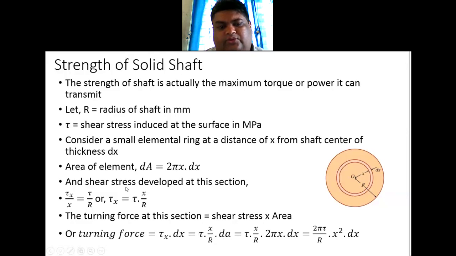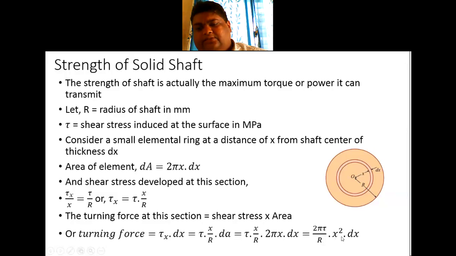So I'm just substituting these values. Tau into, actually it should have been dA, not dx. Tau x is tau x by r into dA, and dA I have it as 2 pi x dx. Now when you substitute all this, the final expression you get is 2 pi tau by r into x square into dx.